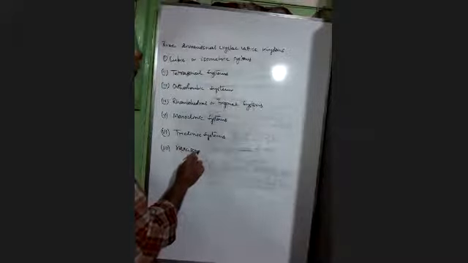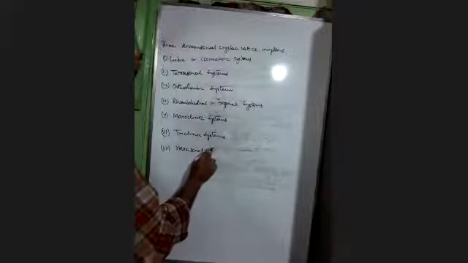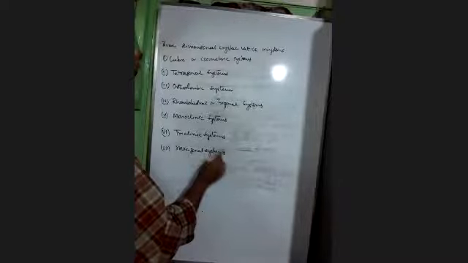Triclinic systems, and 7 is hexagonal systems. This angle and everything you see from the book.